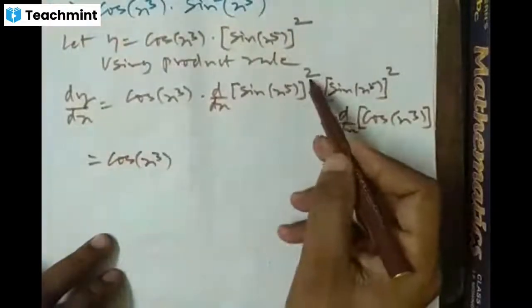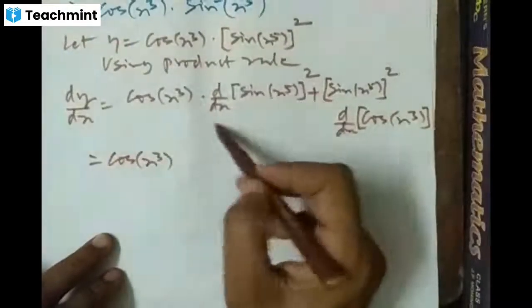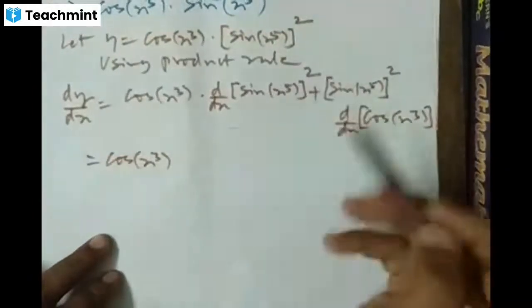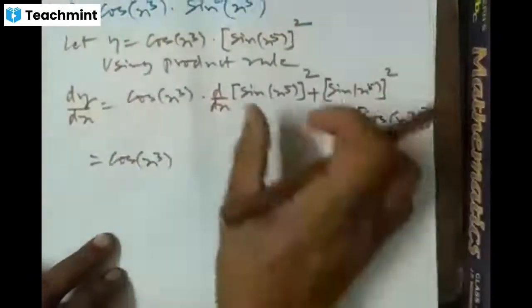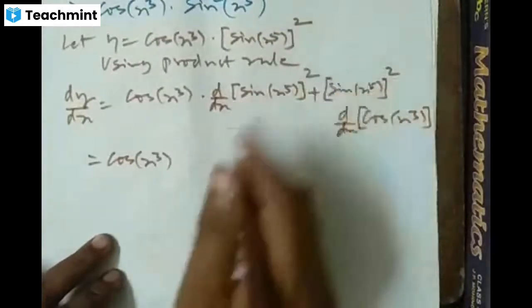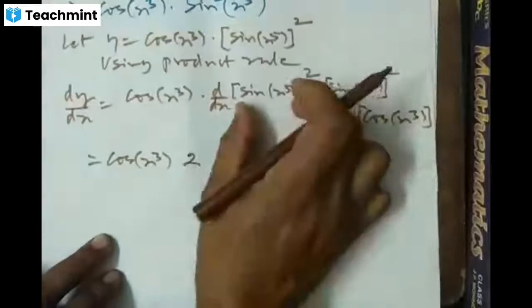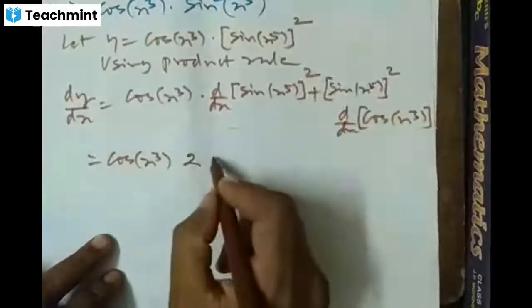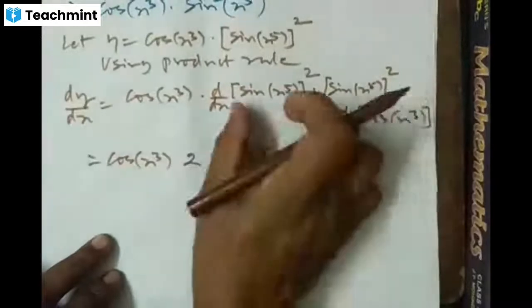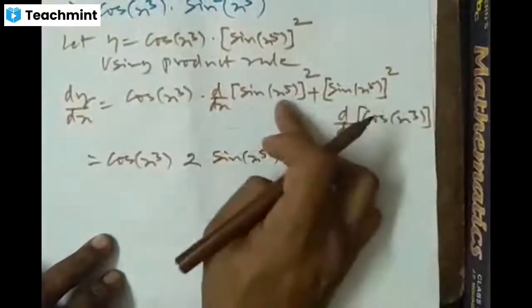Now we have to use extension of chain rule to find the derivative of sine of x power 5 whole square. I will write it directly here. You just assume this as x. What is the derivative of x square? 2x, right? So 2 into, but in place of x we have this function, so 2 into sine of x power 5 into next d by dx of sine of x power 5.